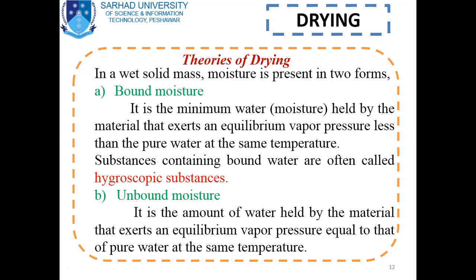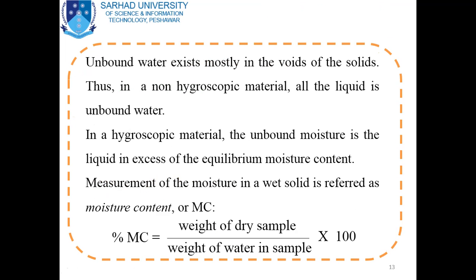In a non-hygroscopic material the moisture is unbound moisture, existing mostly in the voids or empty spaces of the solid. In a hygroscopic material, on the other hand, unbound moisture is the liquid in excess of the equilibrium moisture content.